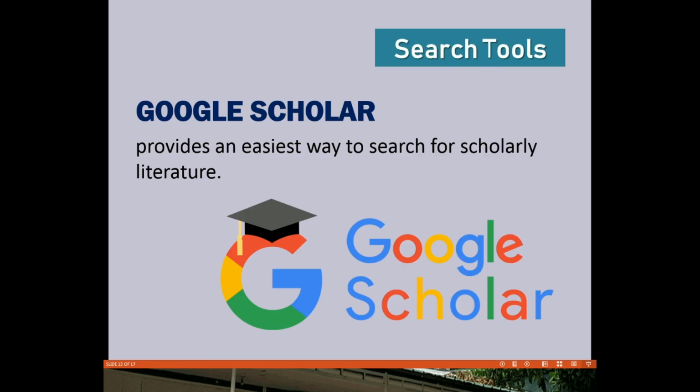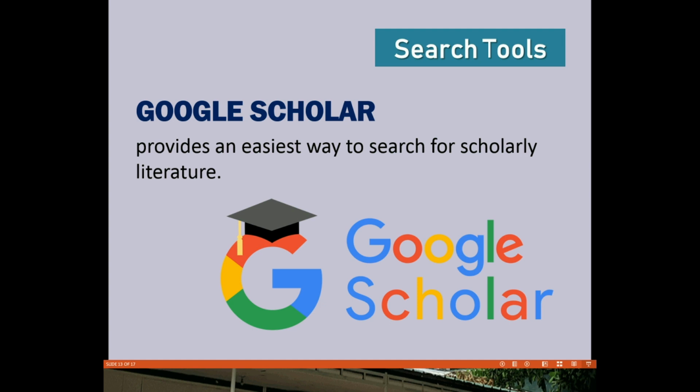Google Scholar provides an easy way to search for scholarly literature. Google Scholar is a free search engine which can be thought of as the academic version of Google. It searches the websites of publishers, universities, or scholarly sites. It's free and it uses an easy, familiar interface that works very similarly to regular Google.